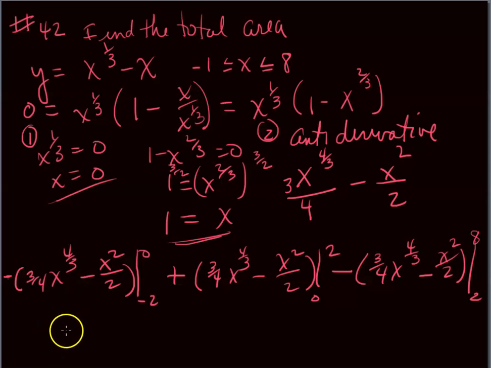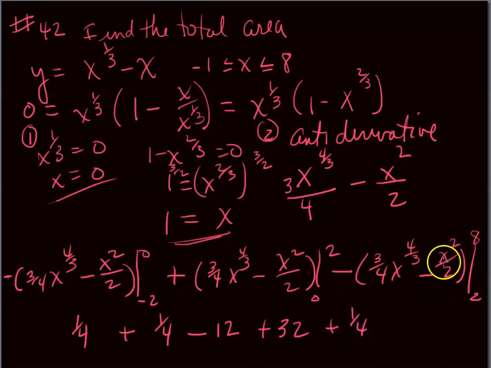For this first one, we're going to get a 1/4. And then we're going to get, for this first one here, a 1/4. But then we subtract a 12. We're going to get a 32 for this one when you plug in the 8, and a positive 1/4 for this one when you plug in a 2.